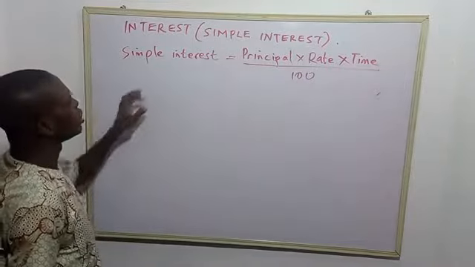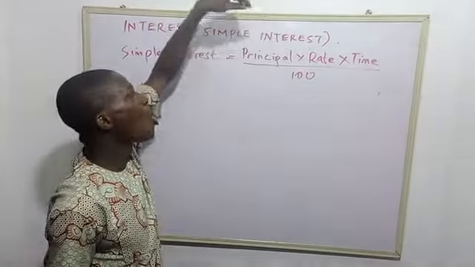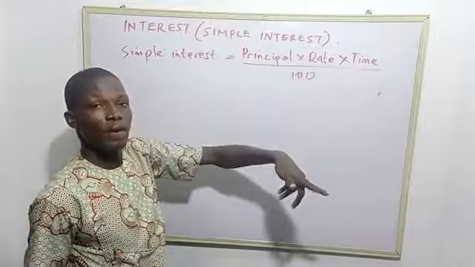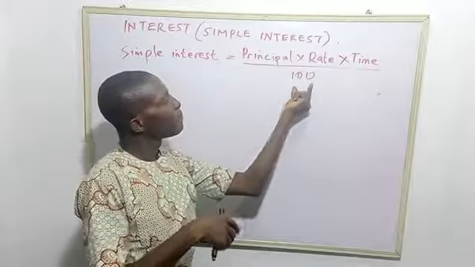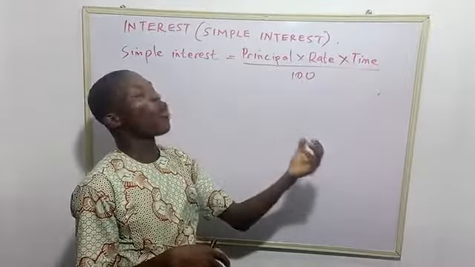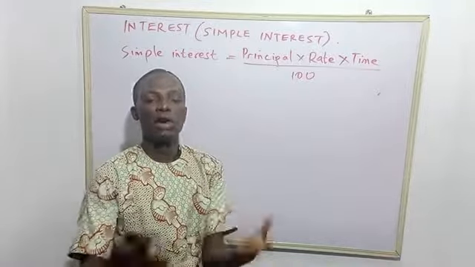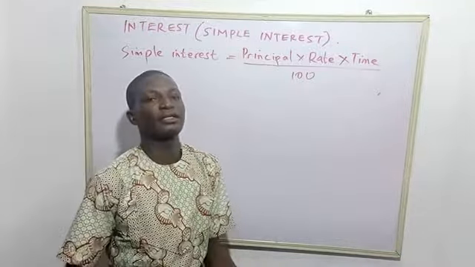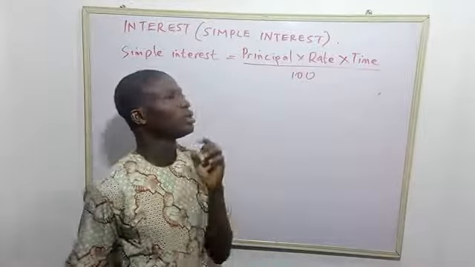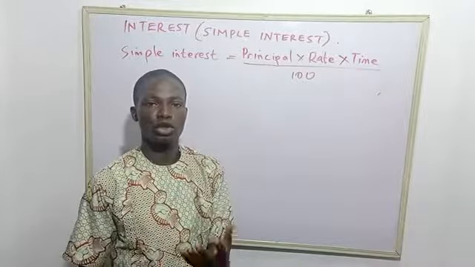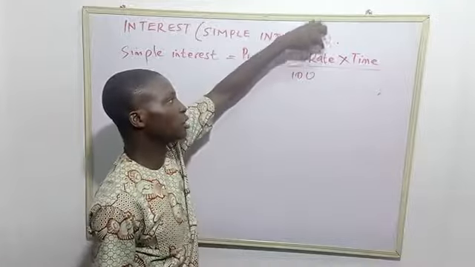So the principal is the goods or the money provided, okay? That is the principal. While the rate is the percentage of the interest. It could be, okay, if I give you a money, you will pay me 50%. So the percentage profits, the percentage of the reward to the goods or money provided is called the rate.